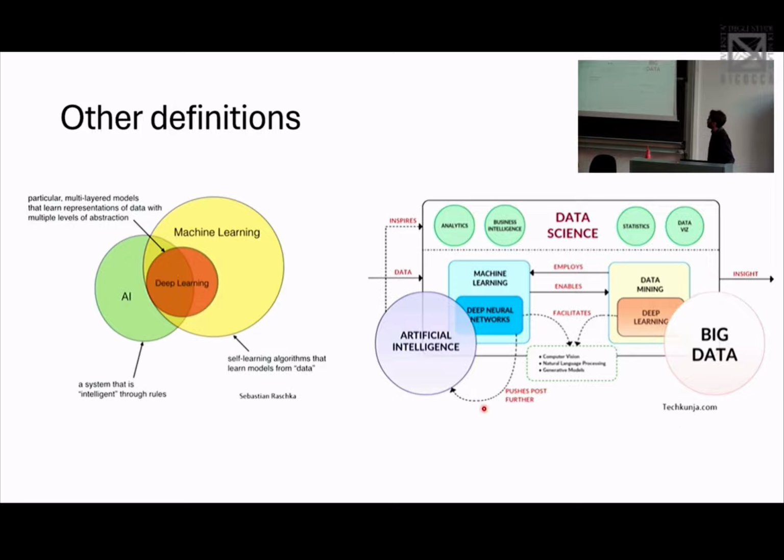This is a possible definition of data science, where you integrate AI and big data together. So the core of that is the concept of learning.